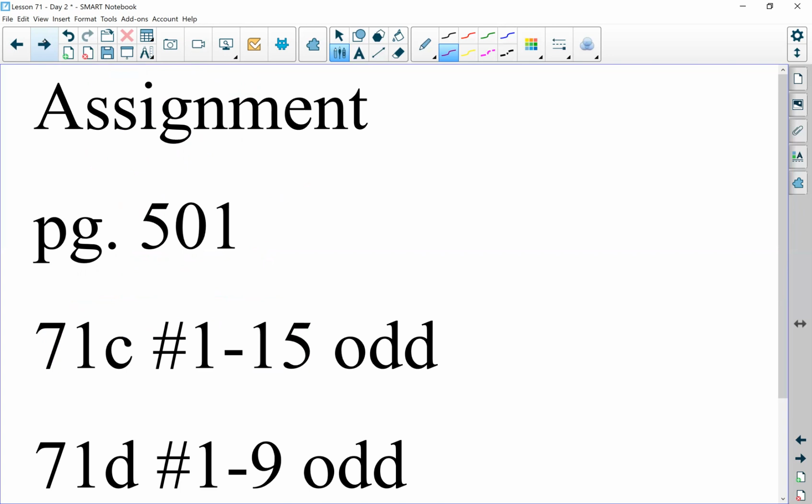As I said, the last section is on exponential growth and exponential decay. We'll finish that up this week, and then review.